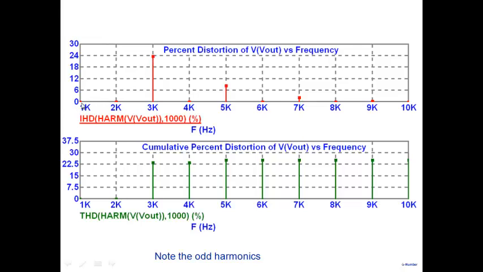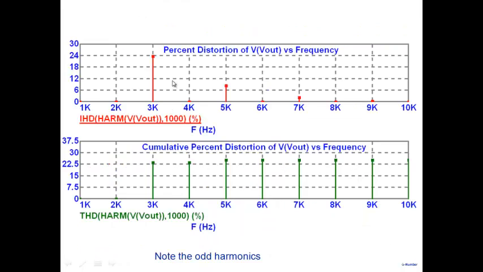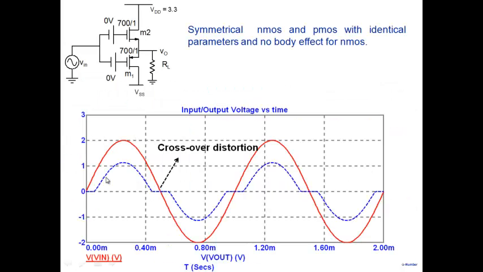My fundamental frequency was 1K. It doesn't show much at 2K. It shows at 3K, 5K and 7K, odd harmonics, because it's a 0 crossing distortion. If I add up all the harmonic distortion, the total harmonic distortion is very large, 22% or so. Very high distortion, which means I can't simply have a stage like this. I have to solve this particular problem.